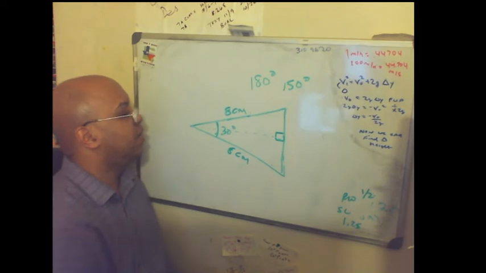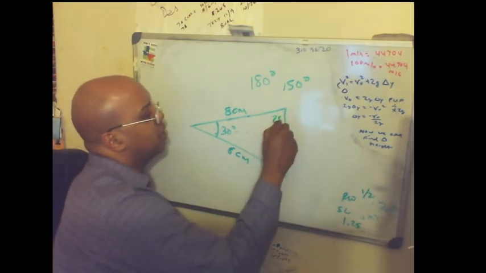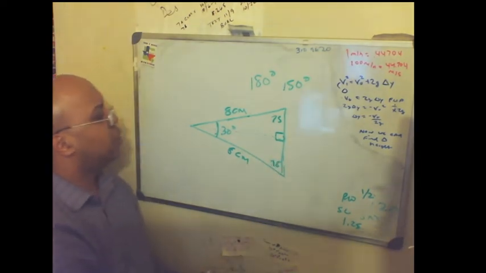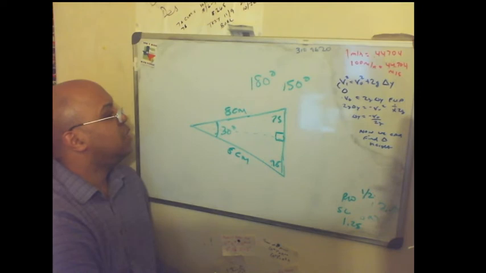Right. 75. We know this is 75. And we know this is 75. Okay. Now, what I could do is kind of do an approximation.